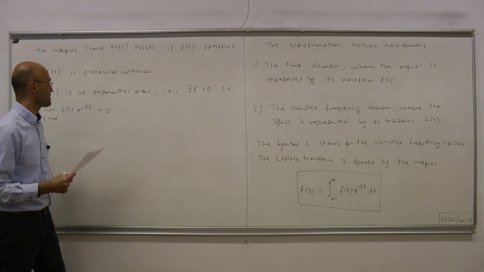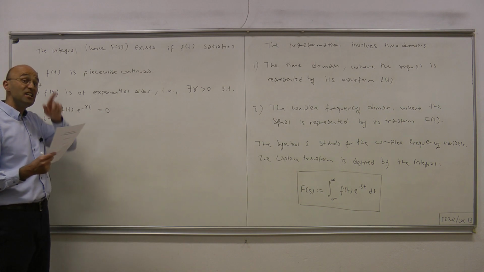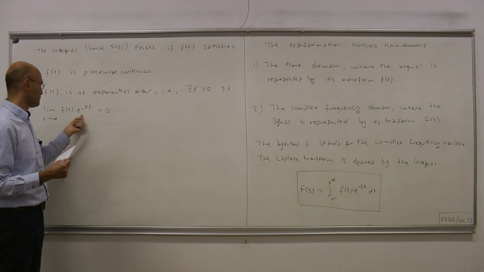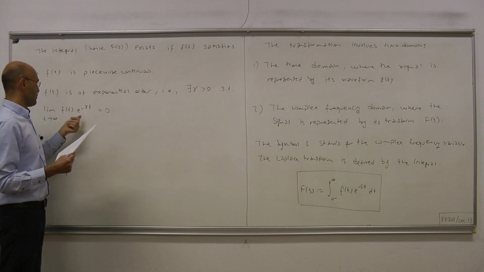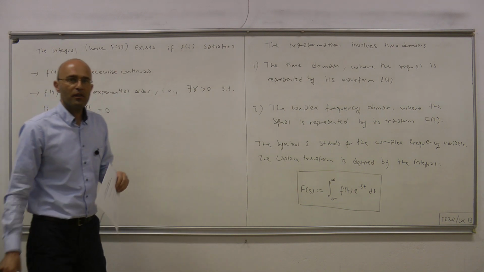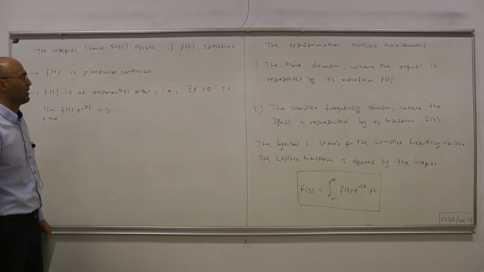One function, for instance, that doesn't satisfy this property would be e to the t squared. You can never find a fixed gamma that would be able to suppress this forever. But luckily we don't have to deal with e to the t squared type signals in LTI circuits.